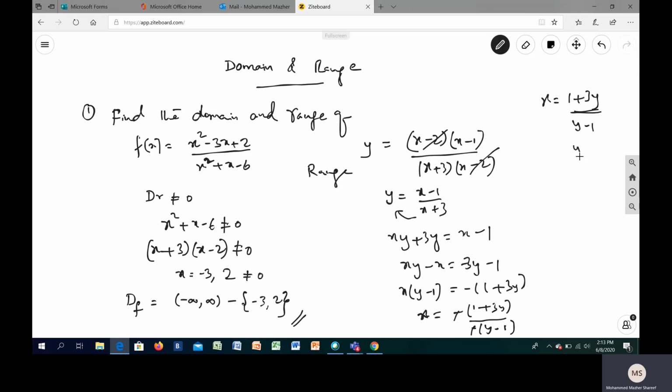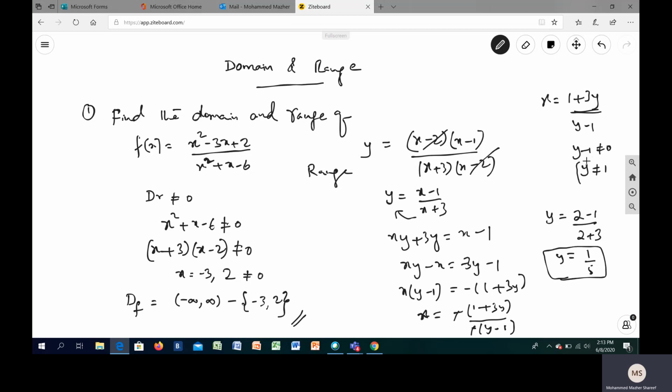One clue we got: y minus 1 cannot be 0, so y should not be equal to positive 1. Now similarly keep the values of minus 3 and 2. I'm keeping x equals 2. Check what you get if you substitute x equals 2 here. So 2 minus 1 by 2 plus 3 gives you 1 by 5. That's it. Isn't it simple?